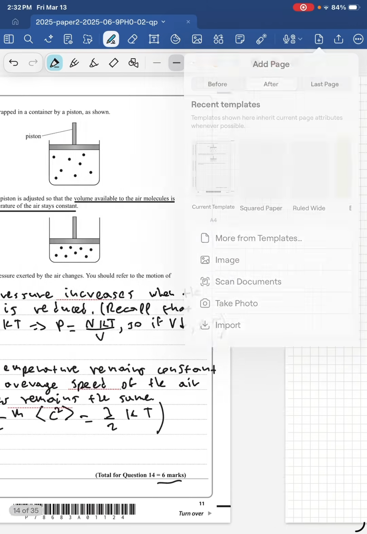Okay, next point. I'm going to use a clean page.